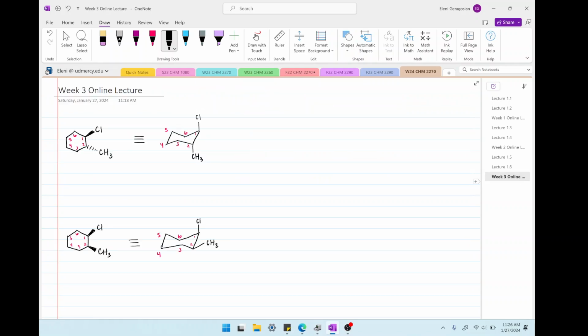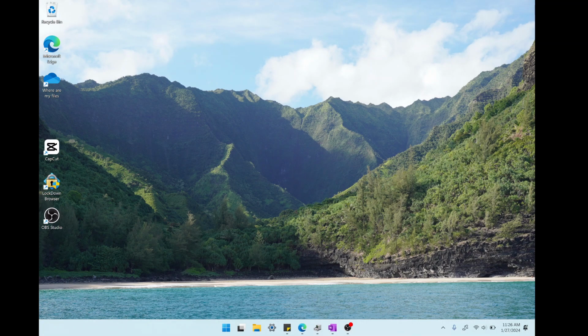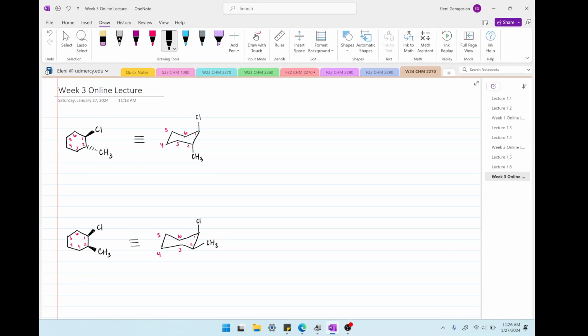So in this video, I've copied those 2 molecules over, but let's focus on this first one, the one at the top here. Okay, so we've drawn the chair conformation.